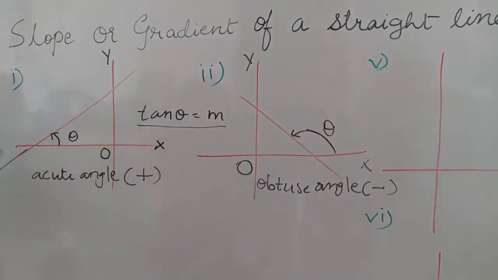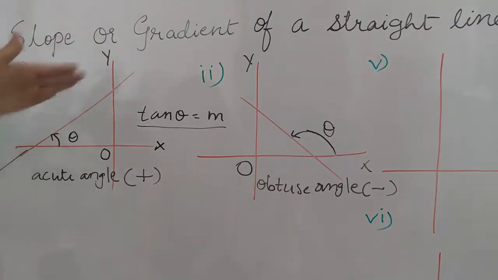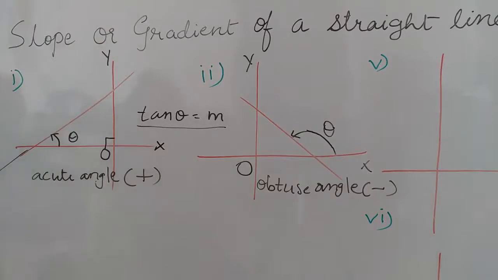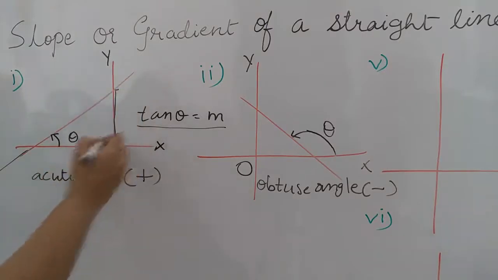You can see in the first case, this is the line, and this is the angle formed. This angle is formed with our hypotenuse. Actually this is 90 degree. So this is the hypotenuse, but this angle is dependent on what? Is it on the hypotenuse? No, it is depending on x and y, means this much distance and this much distance.